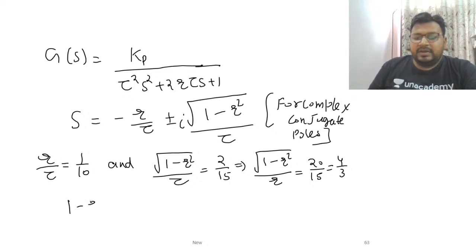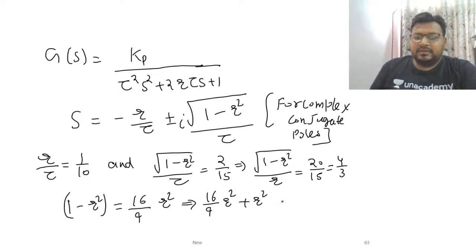So 1 minus zeta square equals 16 by 9 zeta square, or 16 by 9 zeta square plus zeta square equals 1. The zeta square comes on this side and gets added, so 16 by 9 plus 1 is 25 by 9.